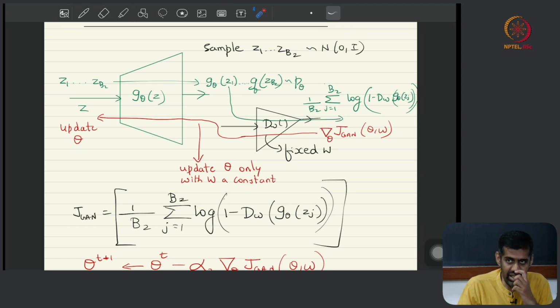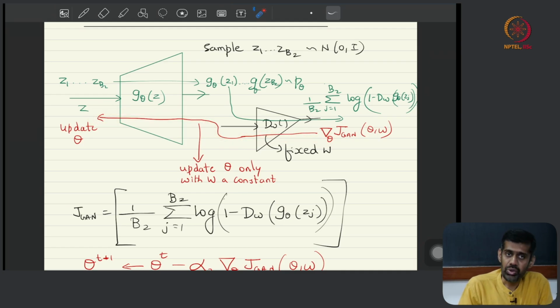While you are keeping the parameters of the discriminator network constant, you still have to pass the samples of x cap through the discriminator network to get this evaluated, okay, and then do a backward pass from where? From the output of the discriminator network all the way through the input of the generator network.